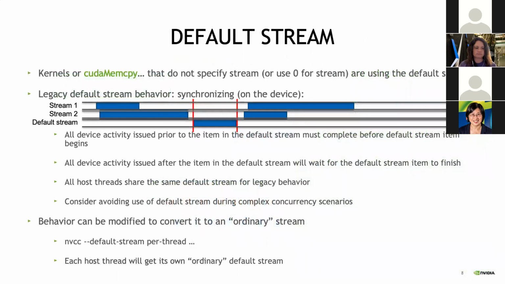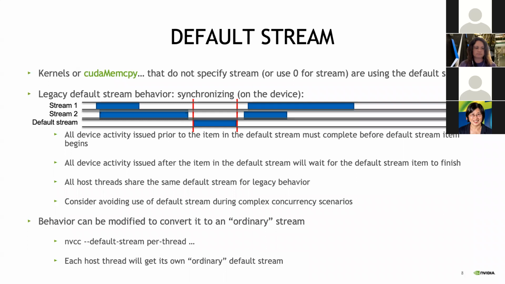If you don't specify a stream, however, things will launch in the default stream. So for anyone who's never used streams before, you've probably been using the default stream the whole time. Kernels or CUDA memcopy calls that don't specify a stream use the default stream. The legacy default stream behavior is that it actually blocks on the entire device, the whole GPU.